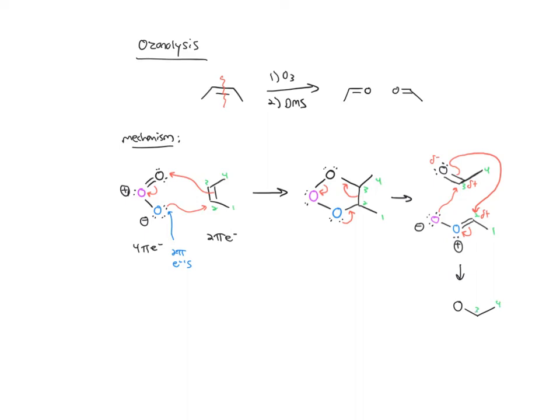there. That oxygen, if we're thinking about what else is attached to carbon 3, well, we see that this purple oxygen has attached to carbon 3, and so we're going to have that purple oxygen attached to carbon 3.